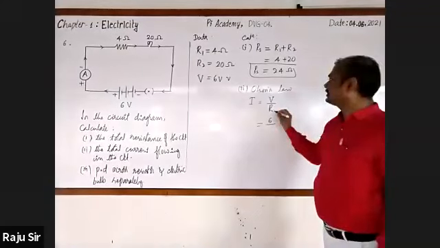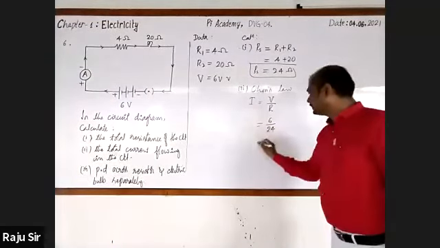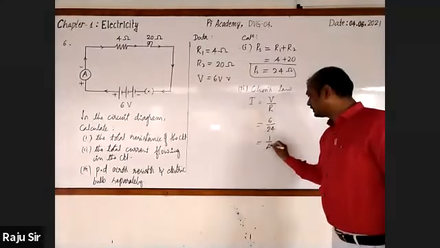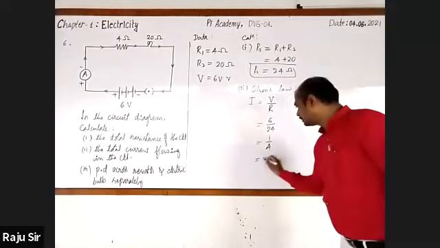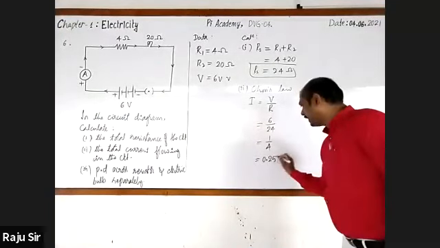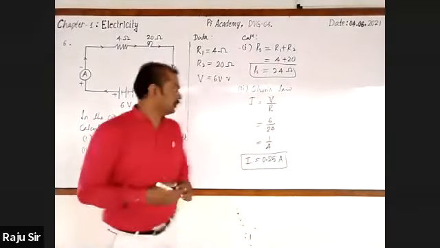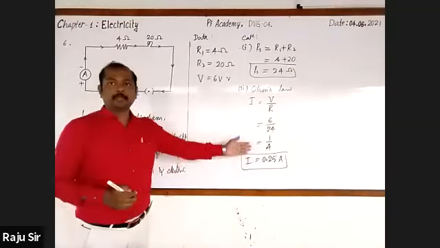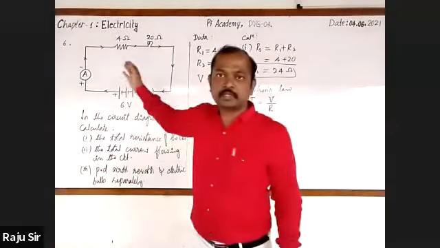You may write Rs or just R also. It is 24. 6 ones are 6, 4s are 24, so I is equal to 1 by 4, which is equal to 0.25. As it is terminating, you can write like this: current is equal to 0.25 amps. This much electric current is flowing in the circuit.